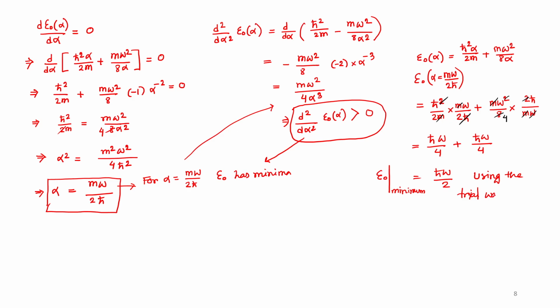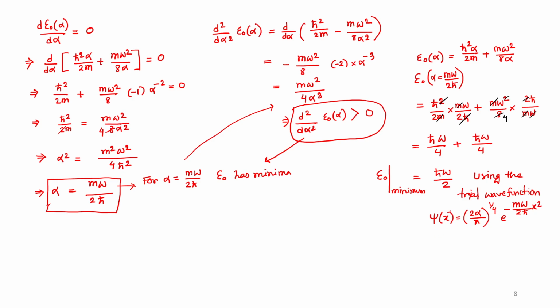using the trial wave function psi of x equals 2 alpha by pi to the power 1 by 4, e to the power minus alpha x square. Now if I have to write alpha, I can directly write m omega by 2h cross, so e to the power minus m omega by 2h cross x square, right?